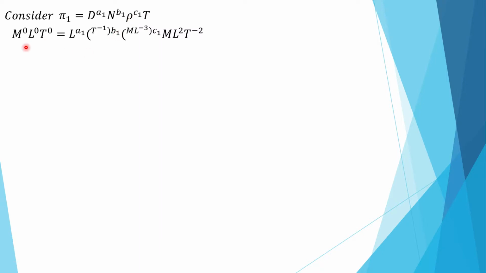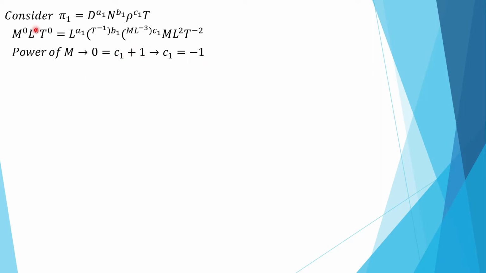Now to find the values of a, b and c, we'll equate the powers of M, L and T. The power of M: 0 is equal to c1 plus 1. So c1 will be equal to minus 1.